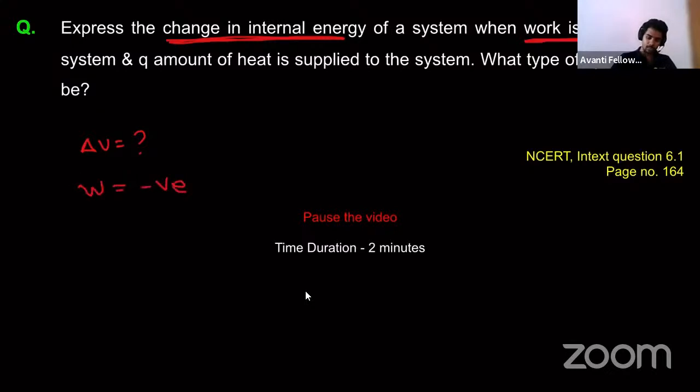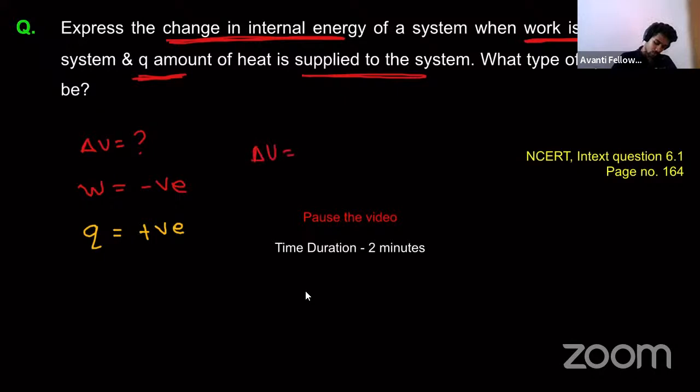Negative, right? Work is negative. And Q amount of heat is supplied to the system, which means heat is being absorbed by the system, so Q is positive. Now, what type of system will it be?